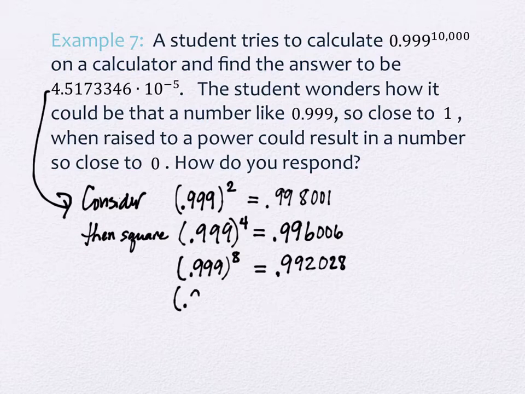If I square again, it's in essence multiplying that power by 2 again, so I have a 16th. If I press enter, my calculator will do that again. 0.984441.